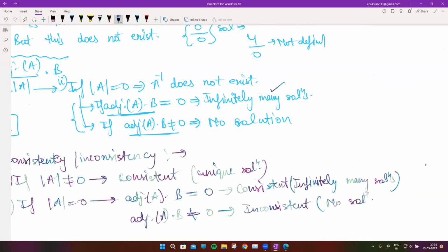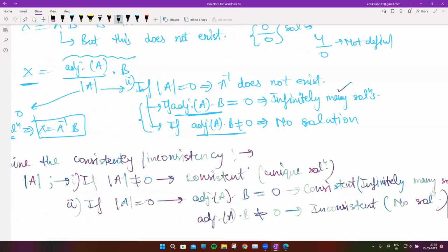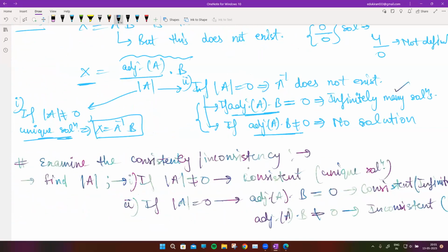So to examine whether a given system is consistent or inconsistent, find out the determinant of A. If the determinant of A is non-zero, you are done. The given system is consistent.